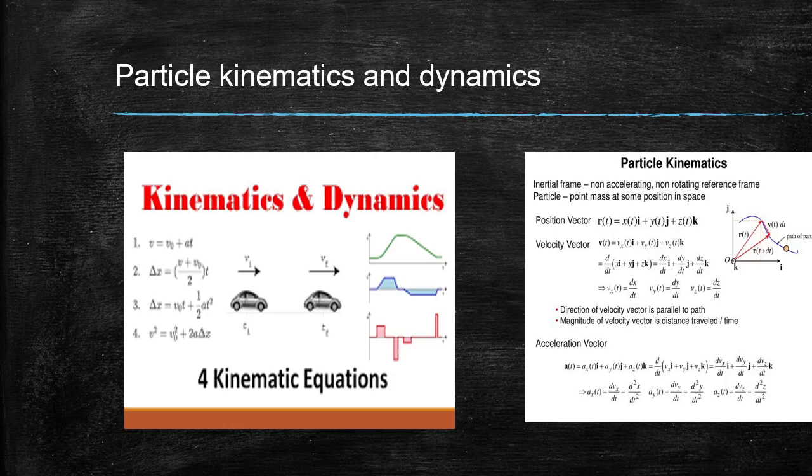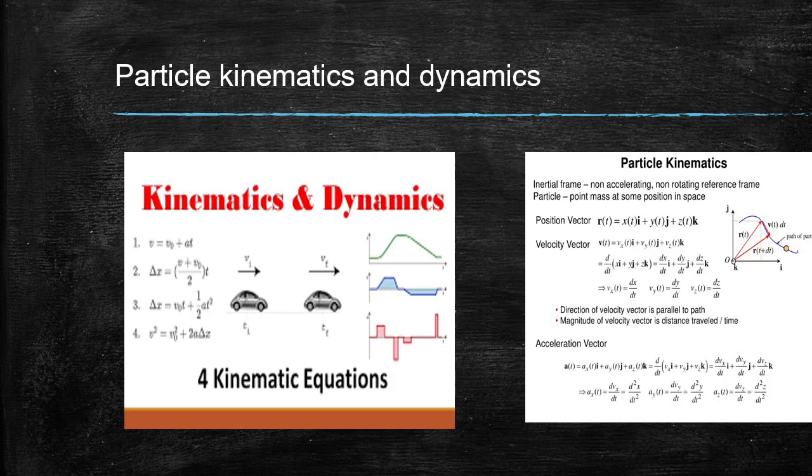Particle kinematics covers the position of a particle with respect to the origin or some other point. Then we have two kinds of frames: inertial frame, which is a non-accelerating and non-rotating reference frame, meaning the frame is stable and not moving.